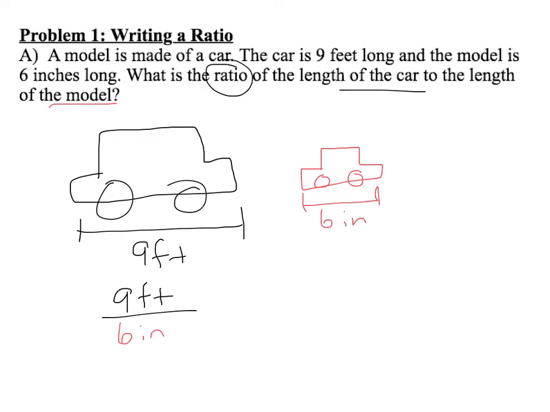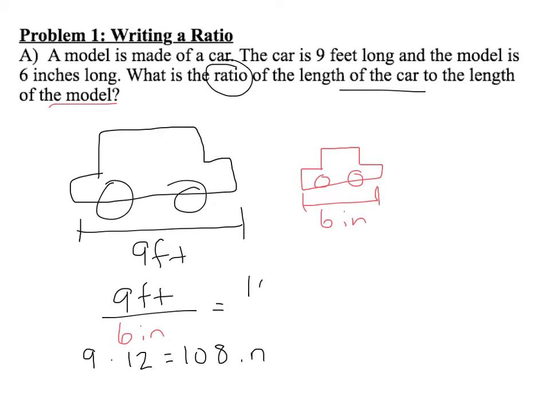A ratio does not have units in it, so we need to get the units to match so that we can cancel them. Since there are 12 inches in a foot, we're going to take 9 times 12, which is 108 inches.